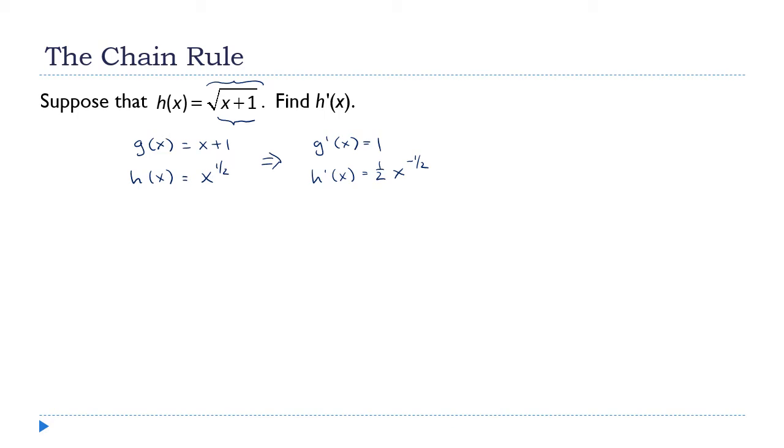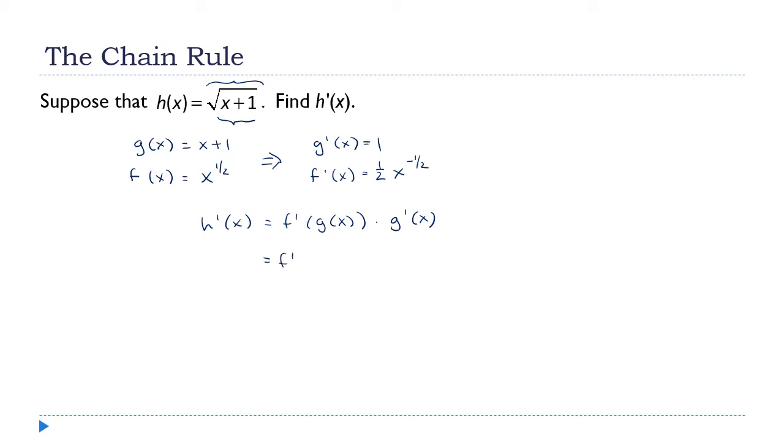For now, let's just leave that the way it is. Whoa, sorry, but I got to fix my function here. Sorry, that's not h. That is f. There we go. So h prime of x, according to my chain rule, is f prime of g of x times g prime of x.